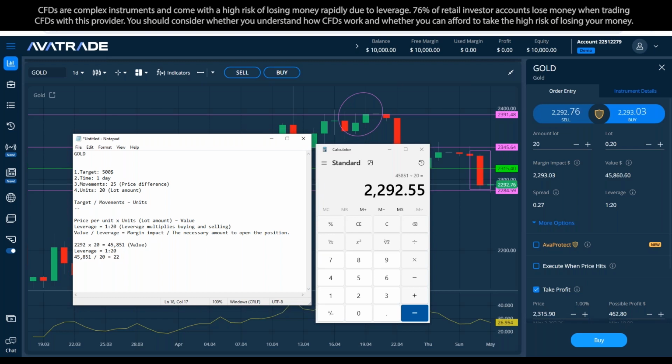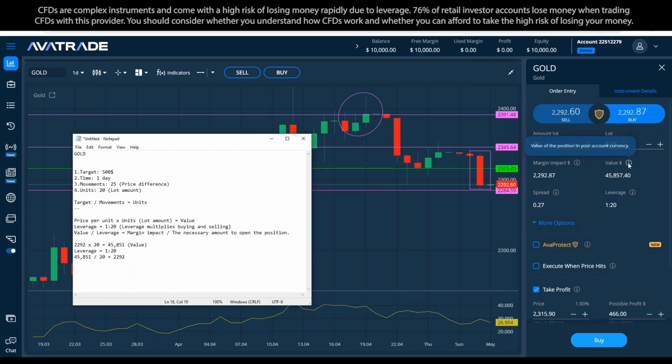So what is really the number that I need to occupy a position worth $45,000 in my account? How much money do I really need, guys? The money that I really need is $2,292.